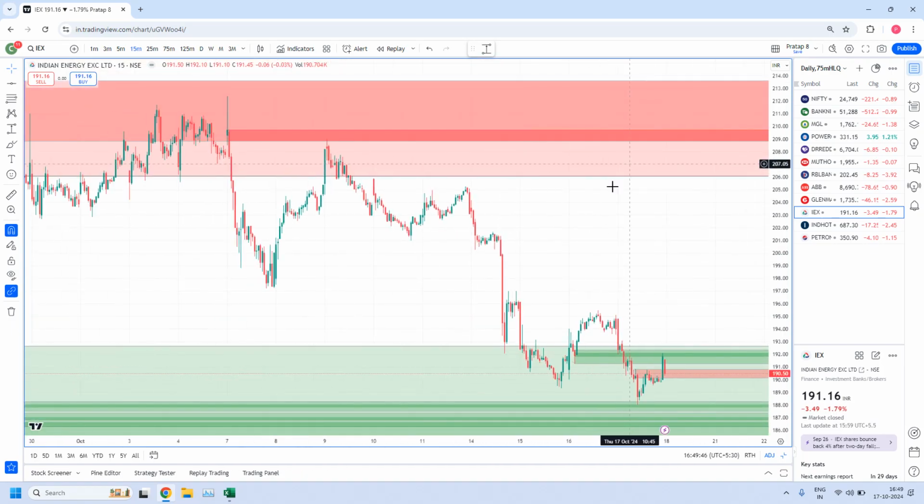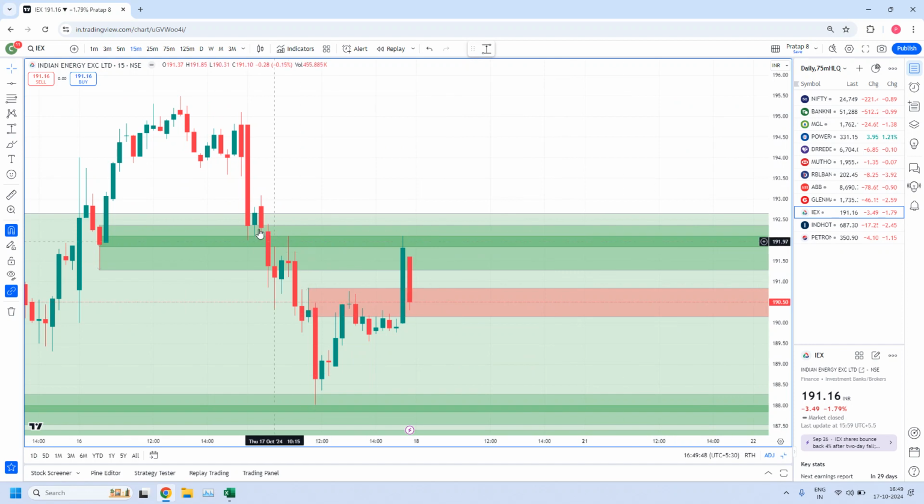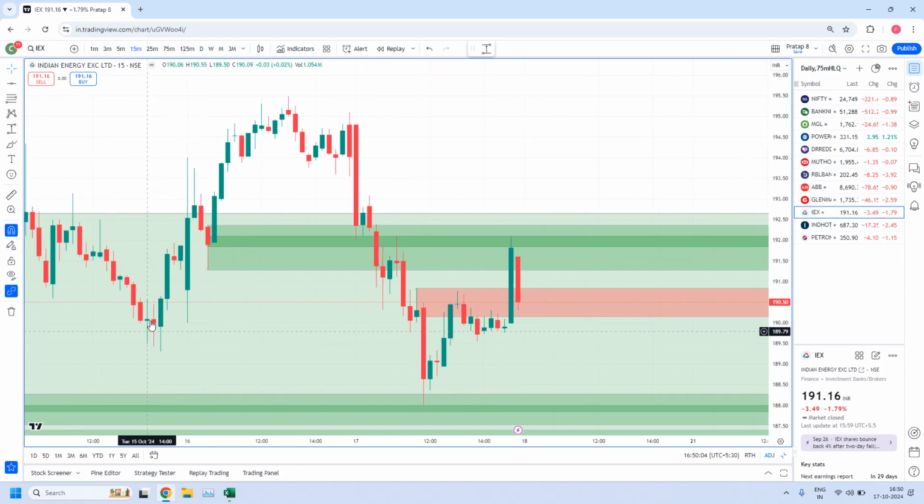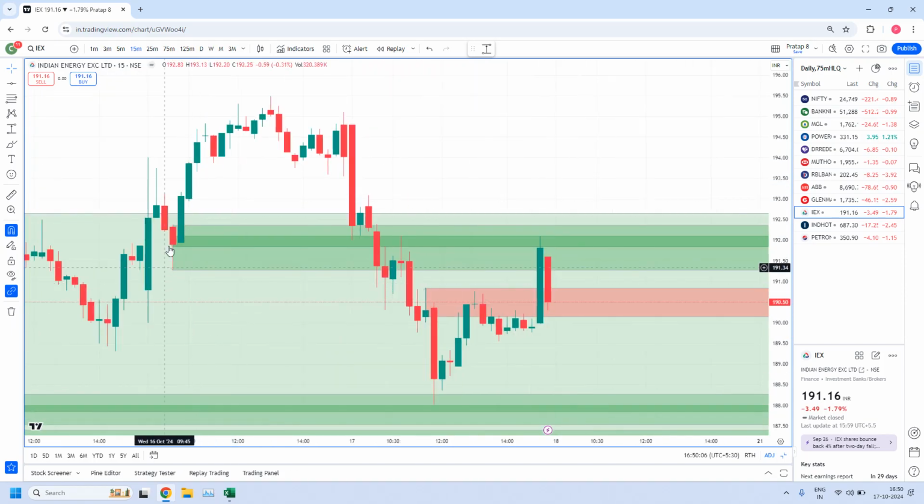And here again, this is in the recent price action. This is the one here. You have drop base rally.